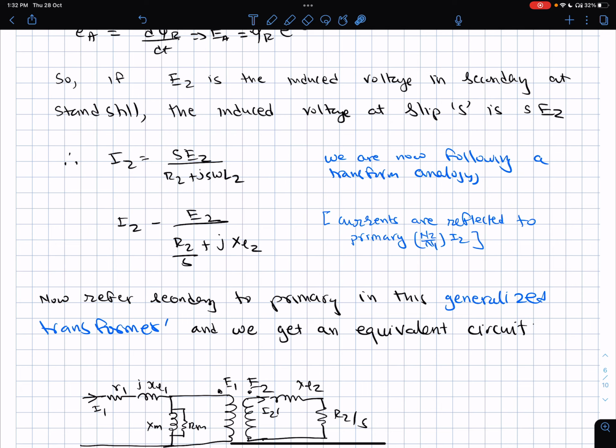So what I am saying is, the rotating MMF wave of the rotor will create equivalently a current N2 by N1 times I2, which we'll call I2 dash later on, referred to the primary.